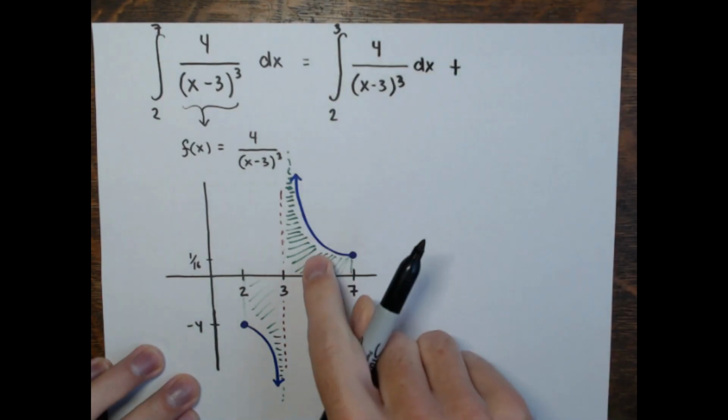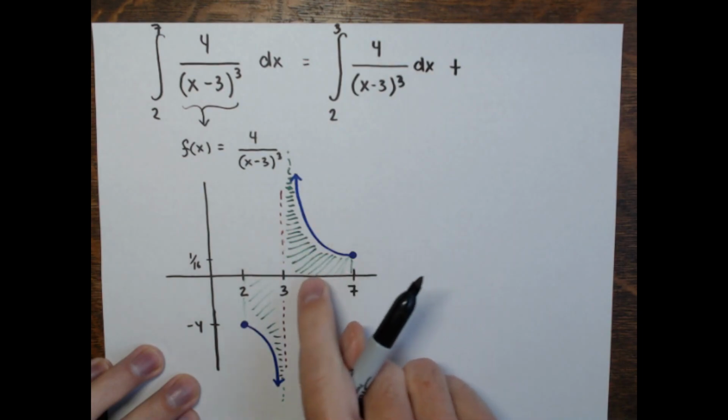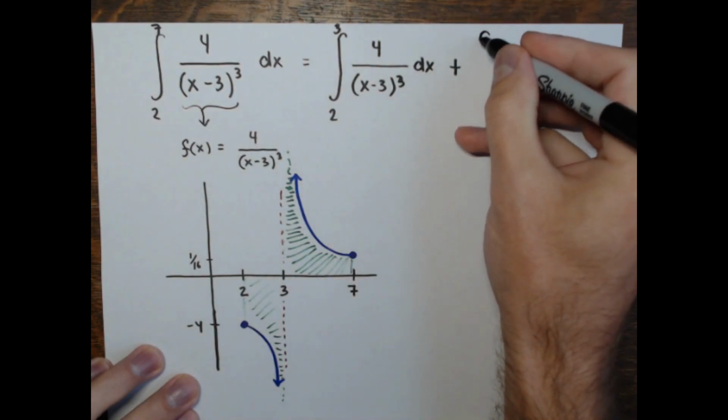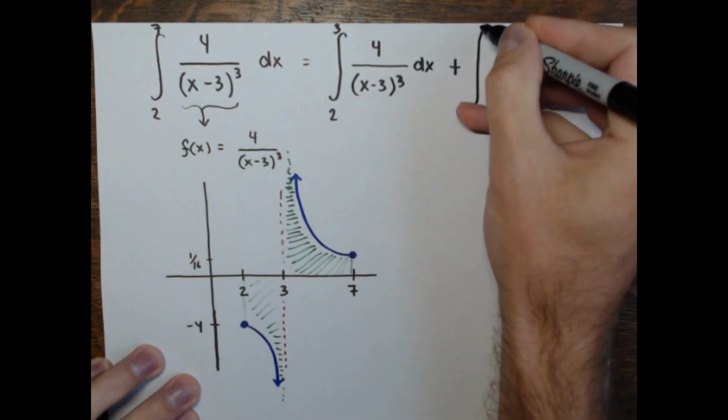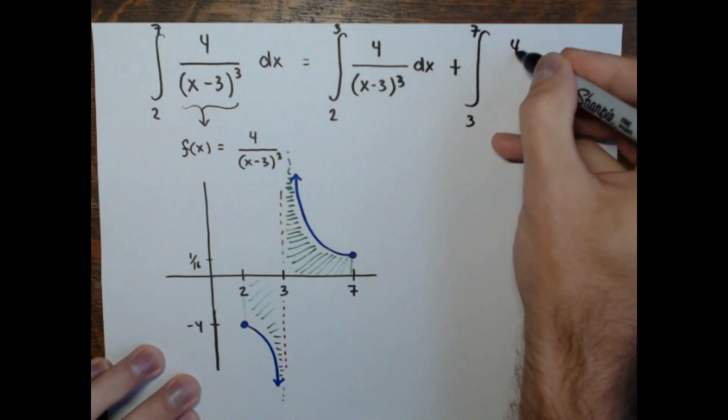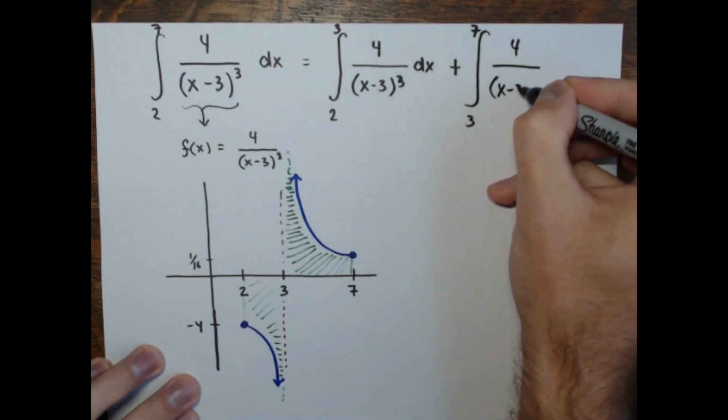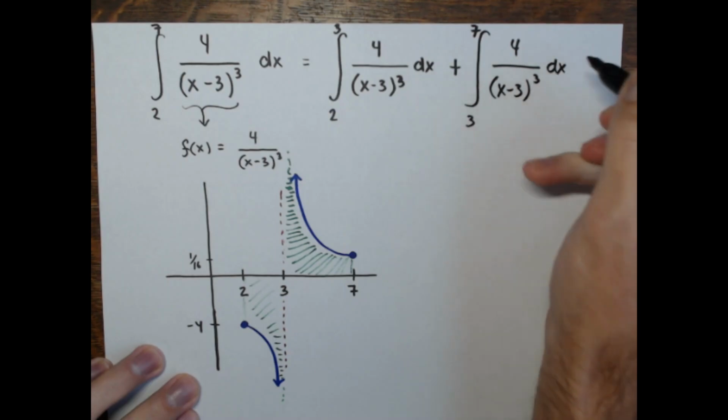And then add to that this other, positive area from 3 to 7, splitting it up at the value where it's discontinuous, of 4 over x minus 3 cubed dx.